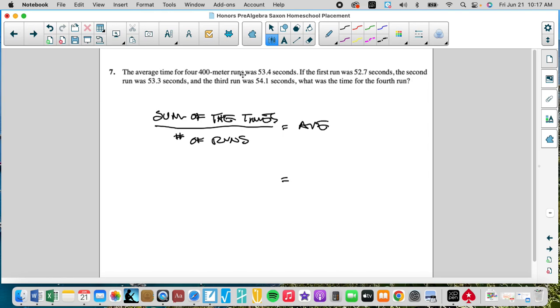Now we start substituting. The average was 53.4. The sum of the times, well, we have 52.7 plus 53.3 plus 54.1 plus my fourth run, and then we divide it by 4 because there were 4 runs. So now we want to solve for this variable.